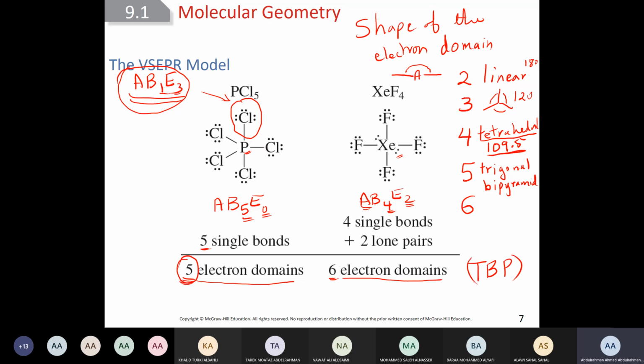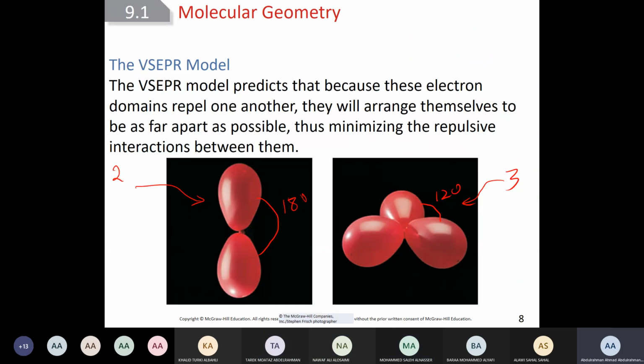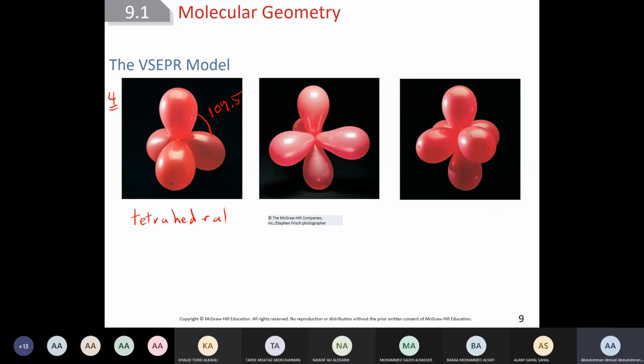What's the name? Read it. Trigonal bipyramid. And this is the shape of trigonal bipyramid. You can see here, there is a triangle at the bottom and one up and one down.